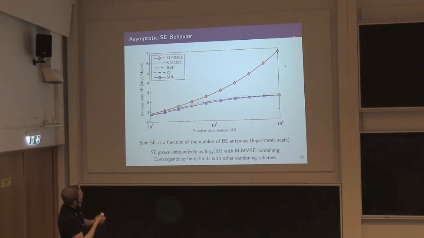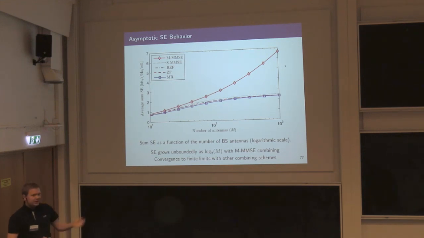It starts to grow linearly here, and linear in log scale means that it grows with the log of the number of antennas, as we mentioned earlier. At a practical number of antennas, you might always be here in practice, so maybe this is unimportant for practical purposes, but from an asymptotic perspective, this is really what happens.